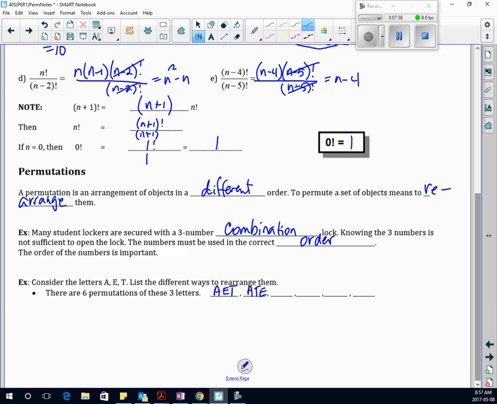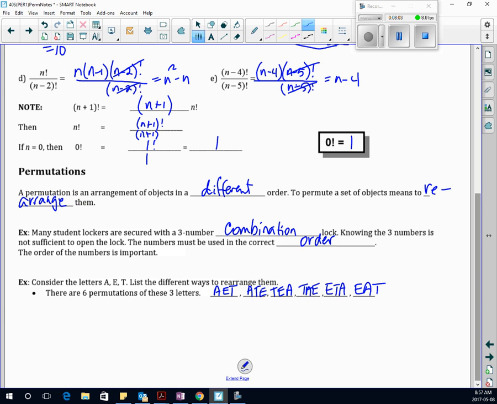We can switch the A and the T around. So TEA. What else can we do? TAE. Then what? ETA. And then what? And then EAT, yes. EAT, very good.